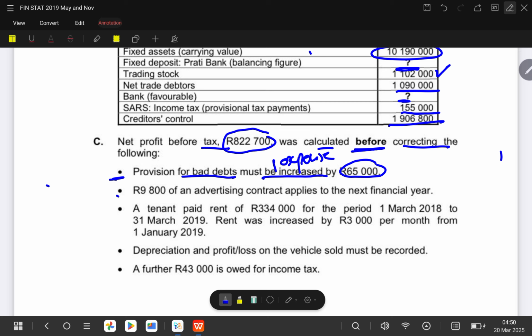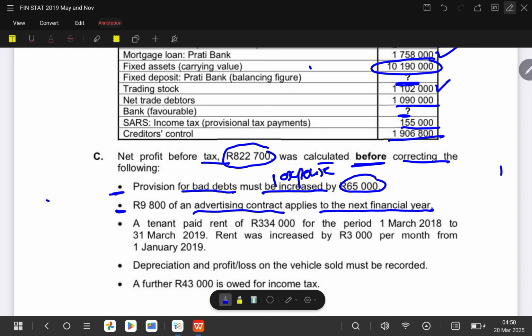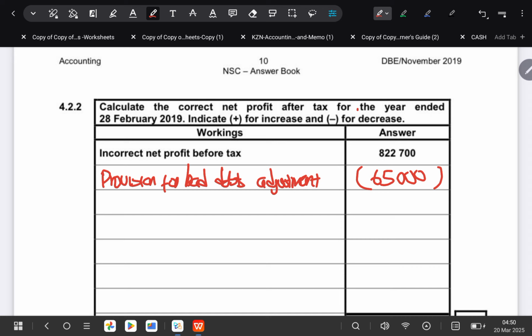Okay, next, 9,800 of an advertising contract applies to the next financial year. Remember, advertising to us is an expense. So if it is for next year, it means when we were doing that income statement for advertising, we deducted more. So we are going to add back that 9,800.